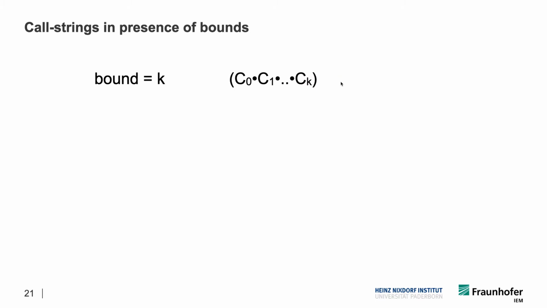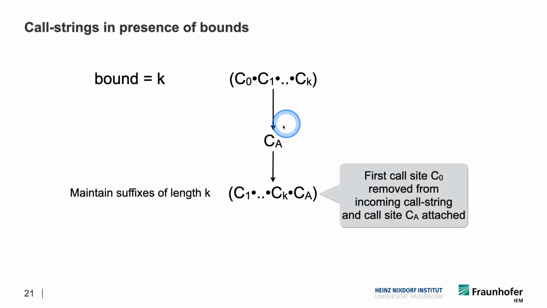And now when we add another call frame to this, so for instance, we are now calling into a call site CA, and we would normally want to add this to the stack, then what we will do now is we only maintain suffixes of length k. Or here it's actually k plus 1, but it doesn't really matter, right? What's important is that you get the basic idea.